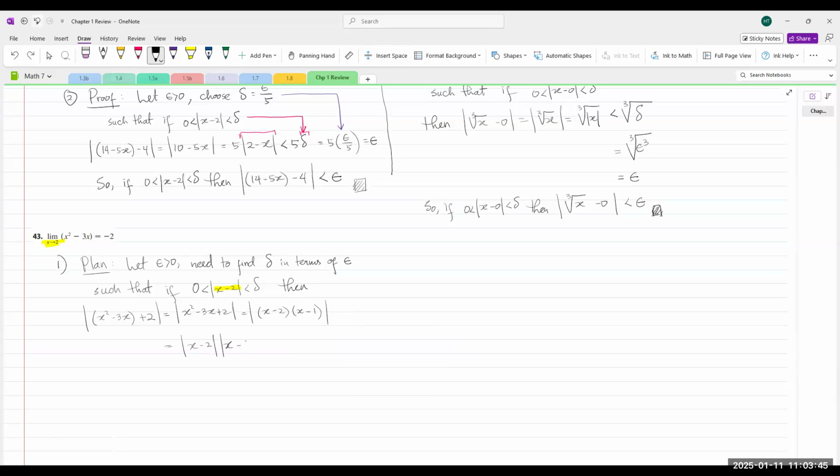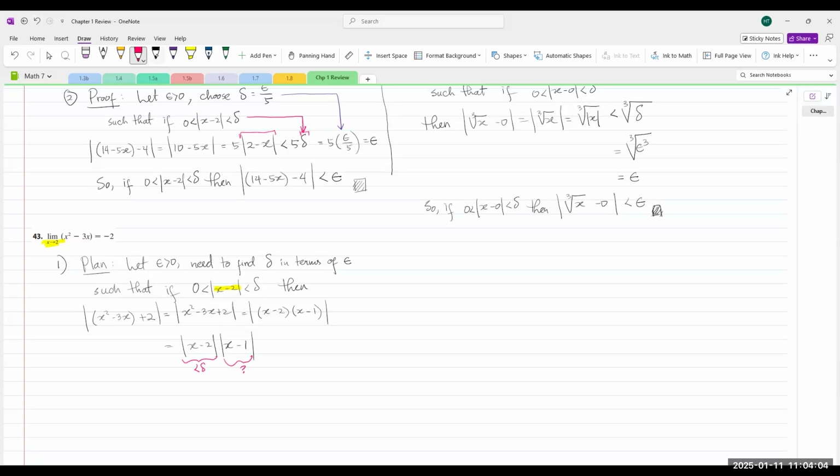Now I already have the absolute value of x minus 2, which will give us the less than delta, right? This is our delta. But what happened with this? That's the issue for now.